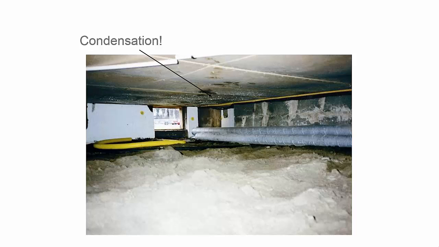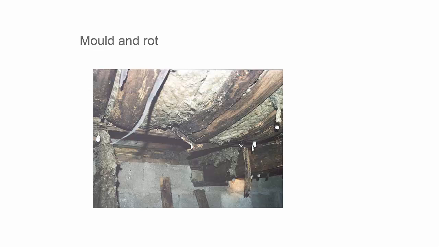So we have a constant high relative humidity in the crawl space during the fall period. And as we know now, mold growth will have perfect conditions there, both quite high temperature and high relative humidities. And here we have some pictures with really severe rot damage in the crawl space.